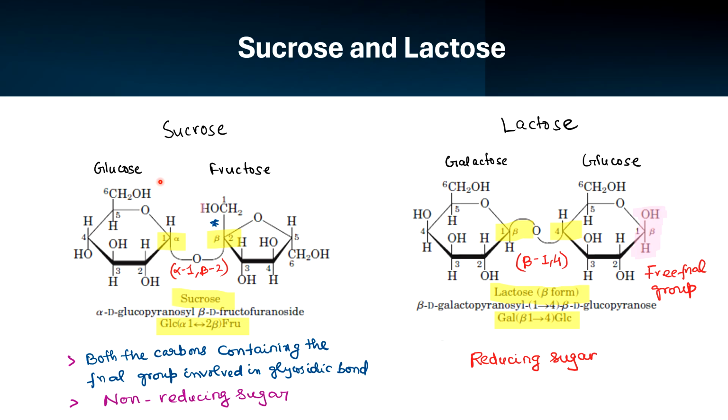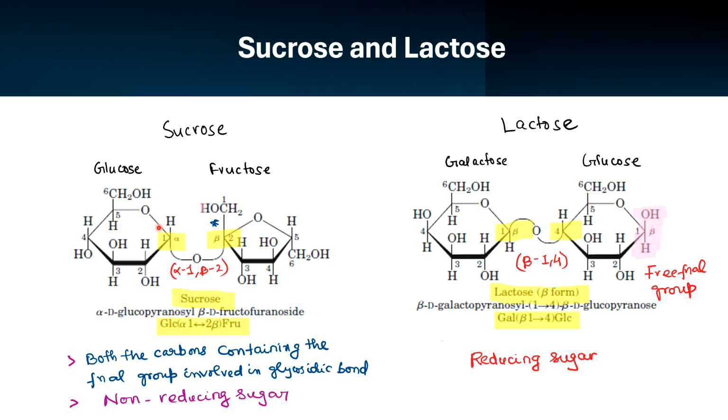Now sucrose is made up of glucose and fructose, right? See here how the glycosidic bond is formed. Now C1 of glucose makes a bond with the OH group present on C2 of fructose. So it is alpha 1, beta 2 glycosidic linkage.